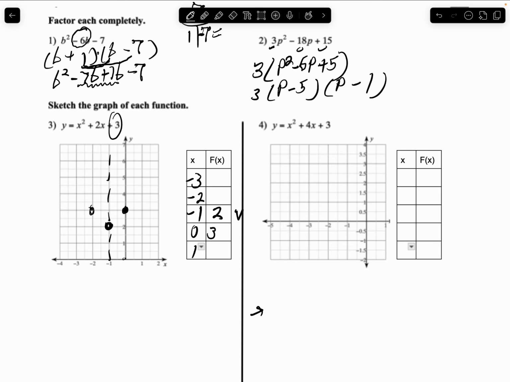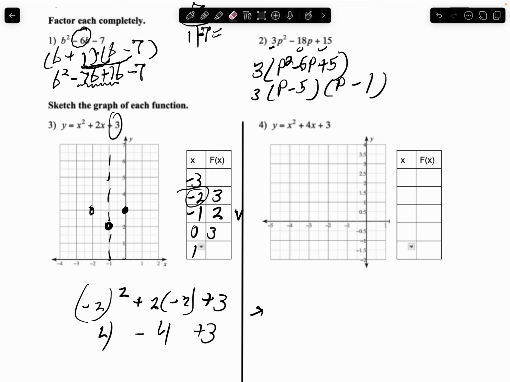I should confirm it since it's a test. So if I plug in -2 into the function, I get 4 minus 4 plus 3. So that gives me 3, and that's what I wanted. So it worked.